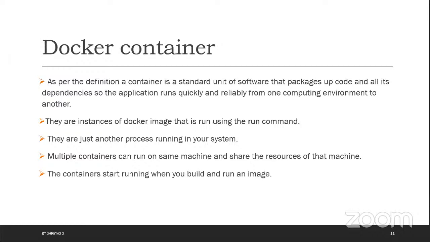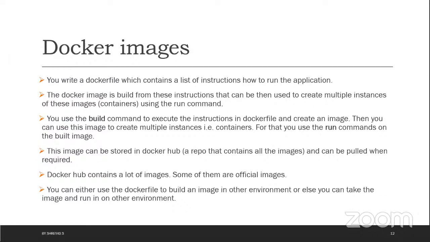Now a container can start running when you build and run an image. So for that, let's look at what images are. You would be writing a Dockerfile. In the hands-on, you would be looking at how to write a Dockerfile. In a Dockerfile, there is a set of steps that we would be mentioning. Those steps would be executed when you run Docker build, and a package would be created. You can consider it as a compiled program.